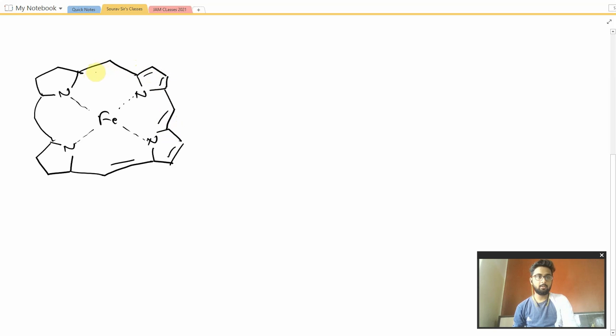Here would be a double bond, then here, then here, then here, and then here. So this is the basic heme protein.